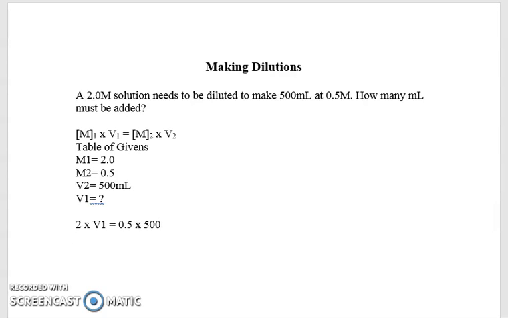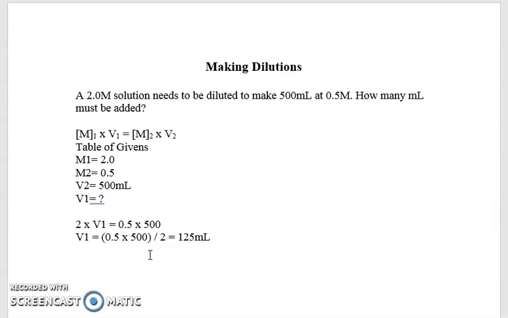So in the end we're going to end up with 0.5 times 500 in parentheses divided by 2. Correct? Because we carry this 2 over like a division. Your answer for V1 is going to be 125 milliliters.